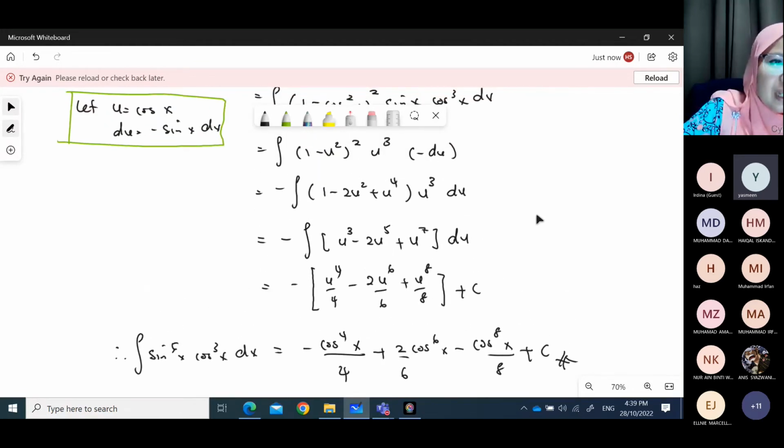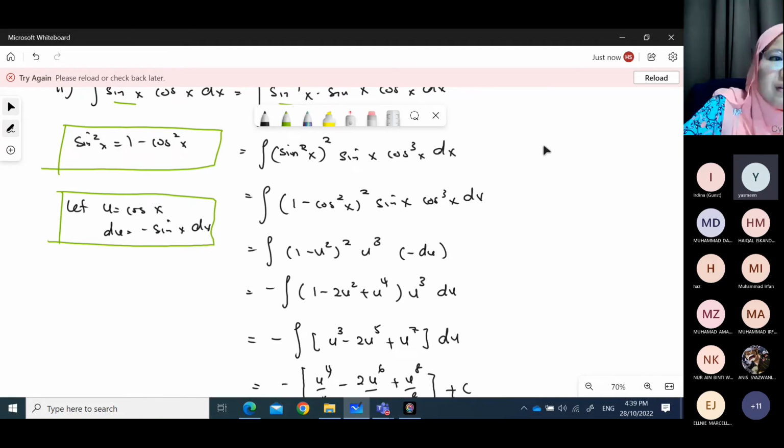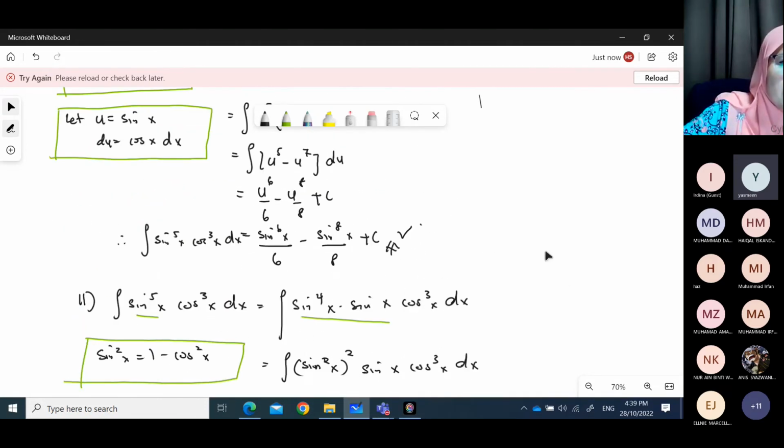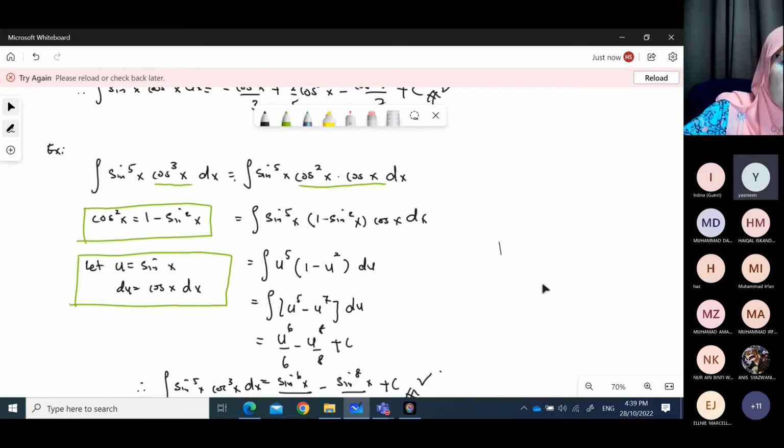Ada soalan tak setakat ni? Okay, nak try kita try masukkan limit. So masukkan limit, paling senang kita masukkan limit 0 to pi lah. 0 to pi. 0 to pi over 2. Okay, 0 to pi over 2. So 0 to pi over 2, kalau you form it into grade dalam bentuk yang ini, dia adalah daripada sini, sudut dia ke sini.